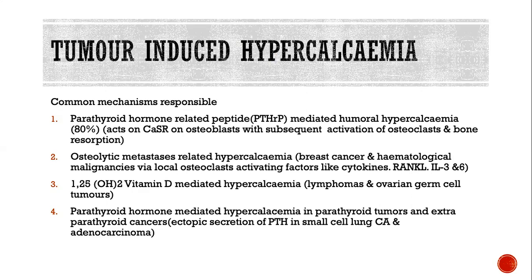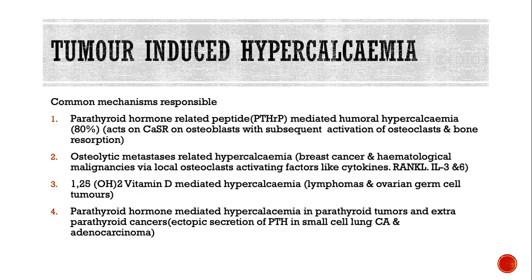Active vitamin D mediated hypercalcemia occurs in lymphomas and ovarian germ cell tumors. Then parathyroid hormone mediated hypercalcemia occurs in parathyroid tumors and extraparathyroid cancers, such as ectopic secretion of PTH in small cell lung carcinoma and adenocarcinoma.